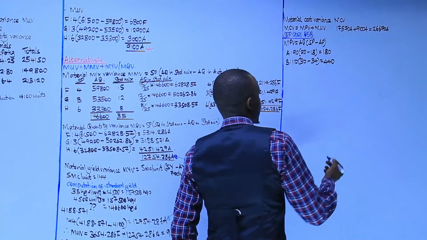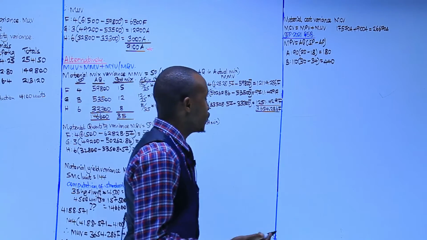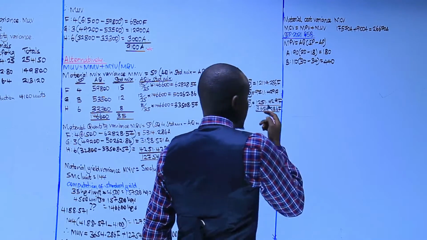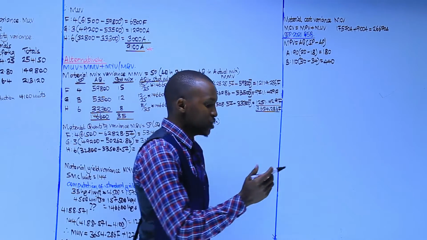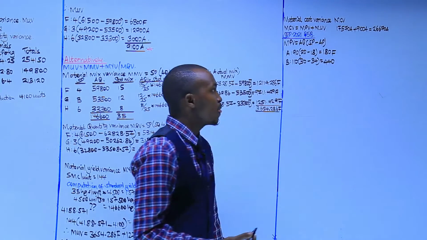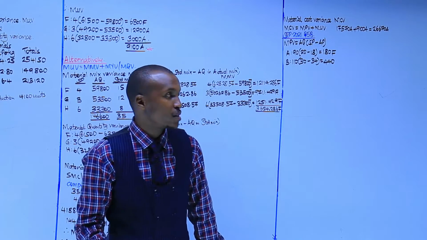For the material price variance here, for A, you had budgeted to buy at 20, but instead you bought at 18. So that is favorable. B, you had budgeted to buy at 30, ended up buying at 34.